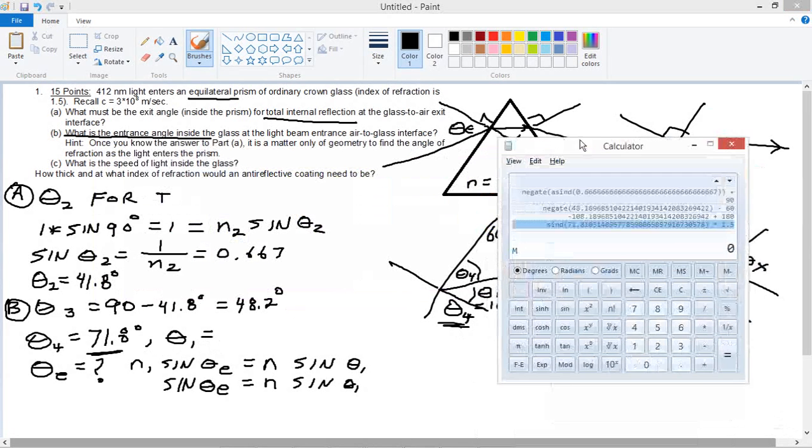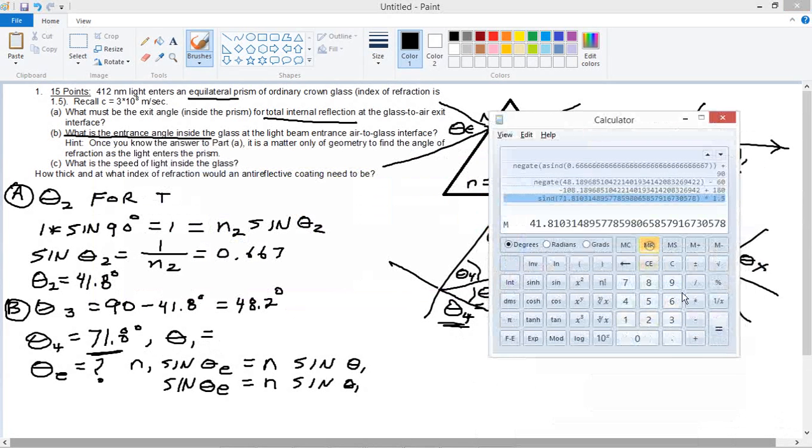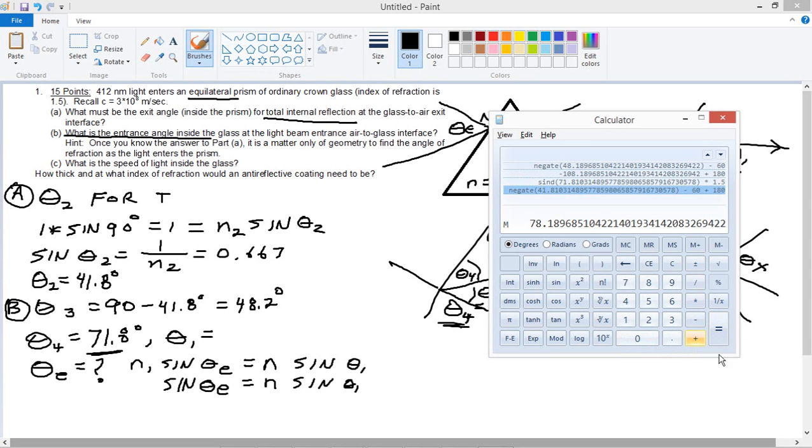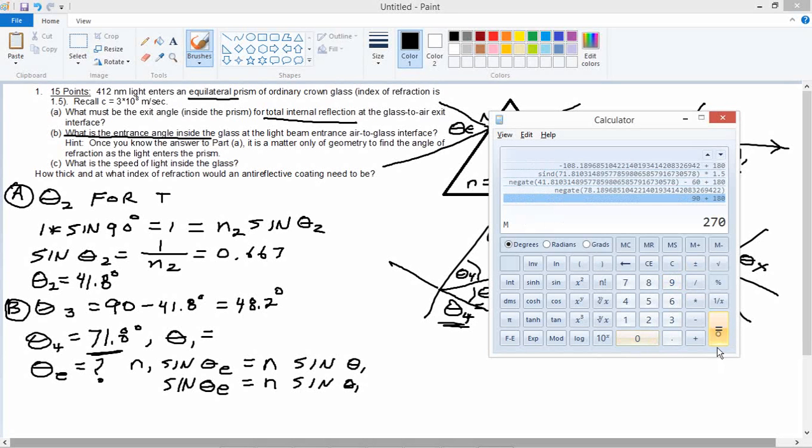get my calculator back up. Recall, just do the calculations over again. That is 78.1, and I gotta subtract that from 90. There we go. Sheesh, what's going on?